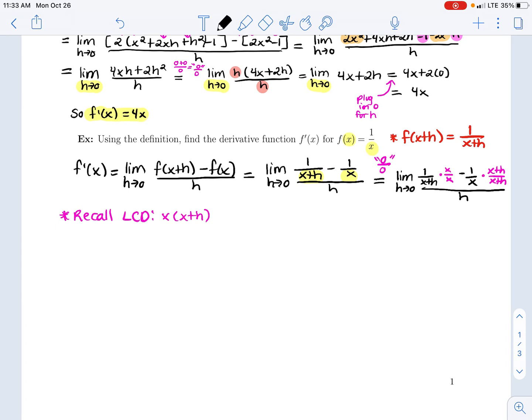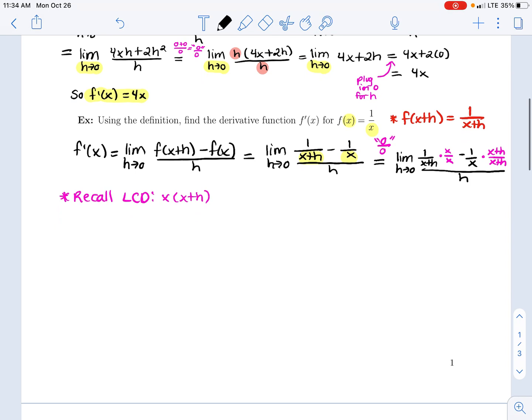Okay, so whenever I say you need to multiply by what's missing, you need to make sure that you multiply top and bottom by the same quantity. Okay, so here I have that this is equal to, and now multiplying across, I get the limit as h approaches 0 of x over x times x plus h minus x plus h over x times x plus h, and then this is all over h.